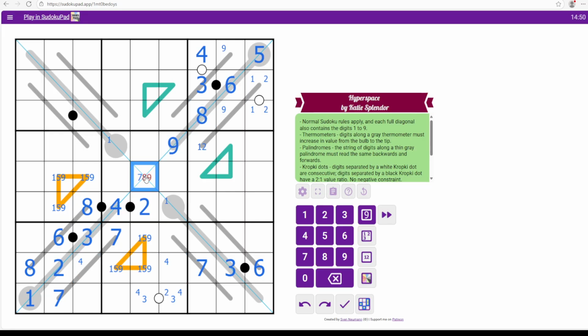So that must be a 9, that must be a 7. So that's a 1, 2 pair, isn't it? That must be 7 and 9, of which that would have to be either 7 or 9. But it can't be 9 because of that. So that one must be a 7. So that is a 9. That is a 7.